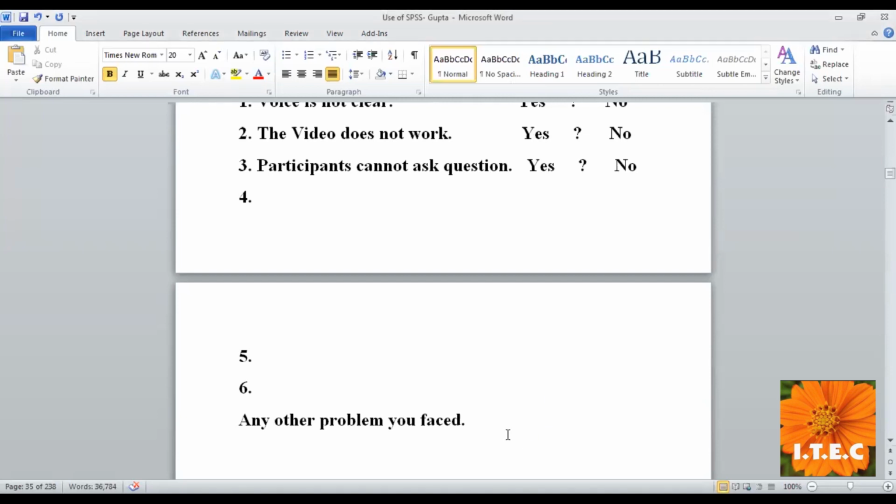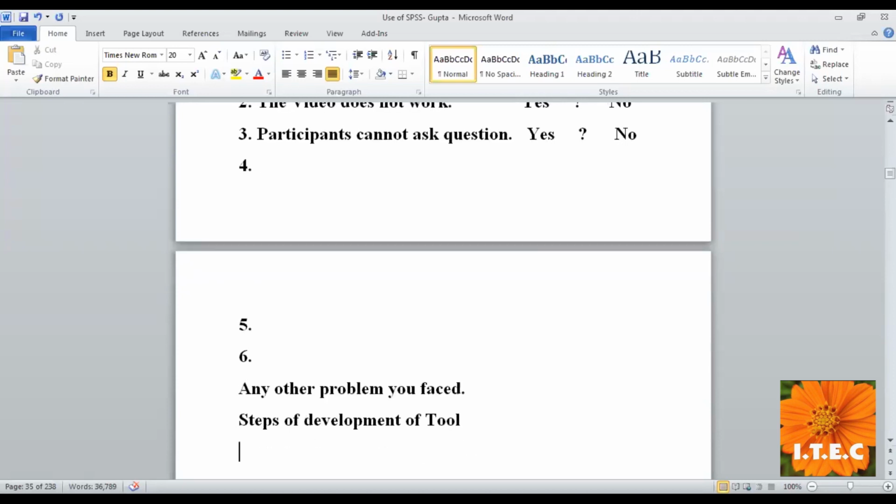So therefore, now I am going to tell you how you will develop and standardize the tool. Development of tool. Steps of development of tool.